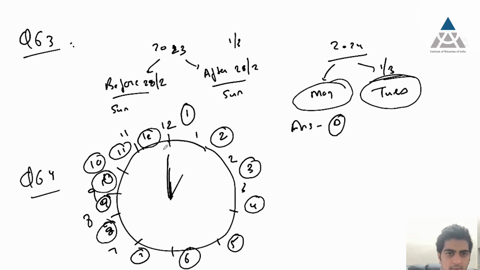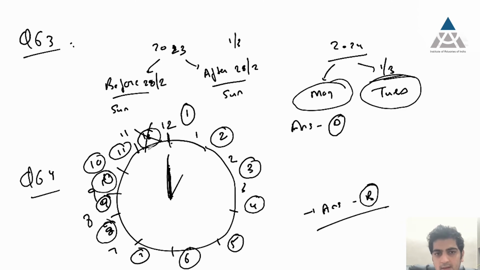But you have to be careful over here. The time between 11 and 12, when this actually happens, that is the minute hand crosses the hour hand, is exactly at 12 o'clock only, and we are told that we have to ignore that instance. So between 11 and 12 it does not happen, it happens exactly at 12, which means this one we have to ignore. So now we have to be careful that the 12th time it happens we will not consider, simply because it happens exactly at 12.